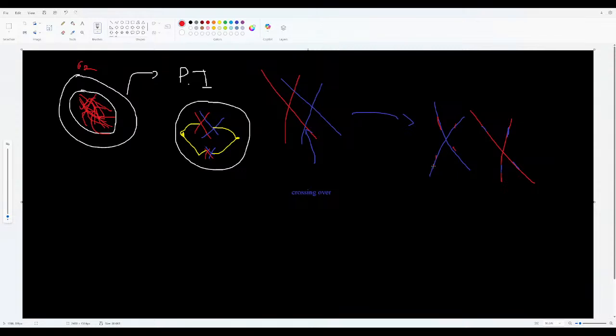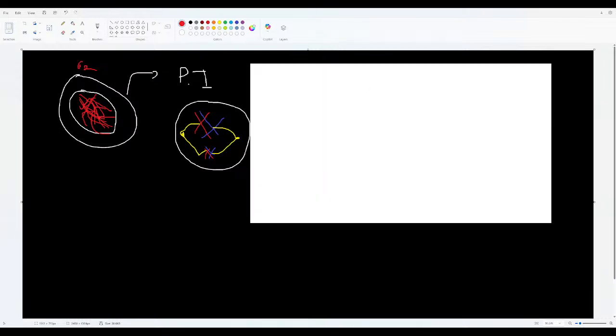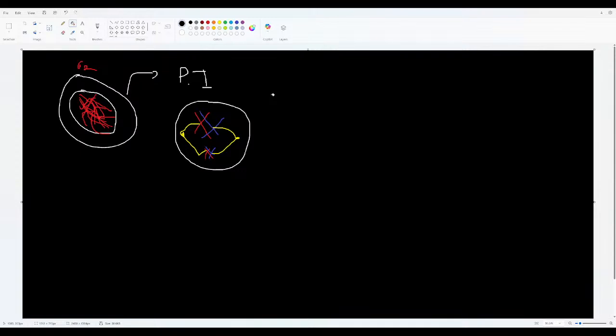Notice how this is different from the original chromosome, because of a process called crossing over. This only happens during prophase 1. Only, and that's important to note. With that in mind, this just creates genetic diversity. That's the end goal.